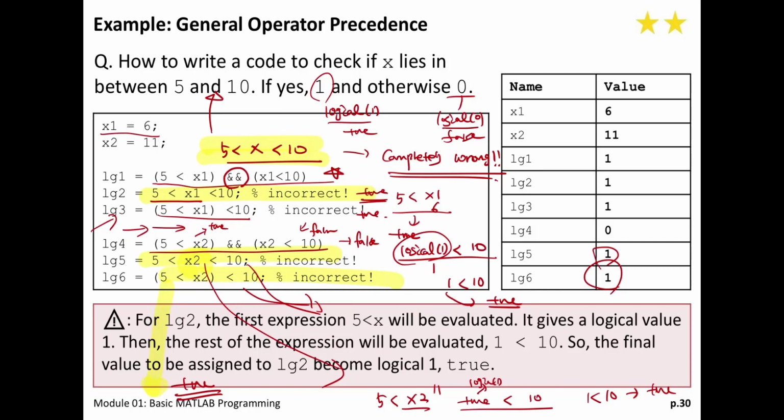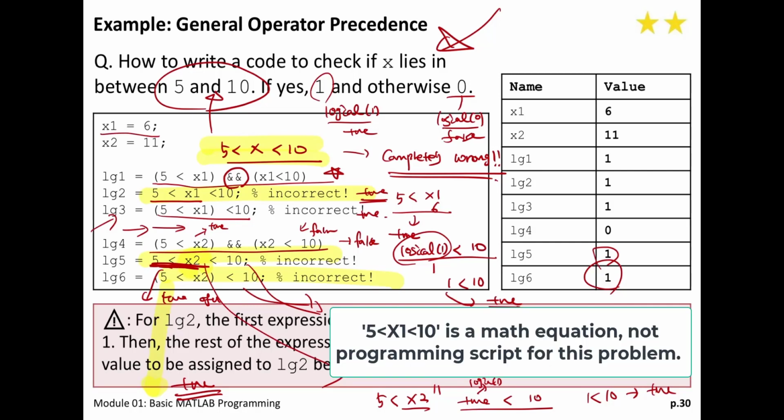This is not evaluating this condition, 5 and 10, because this one always produces a true or false, and then this is always less than 10. Okay? The point is, this script is wrong, so do not make this script.